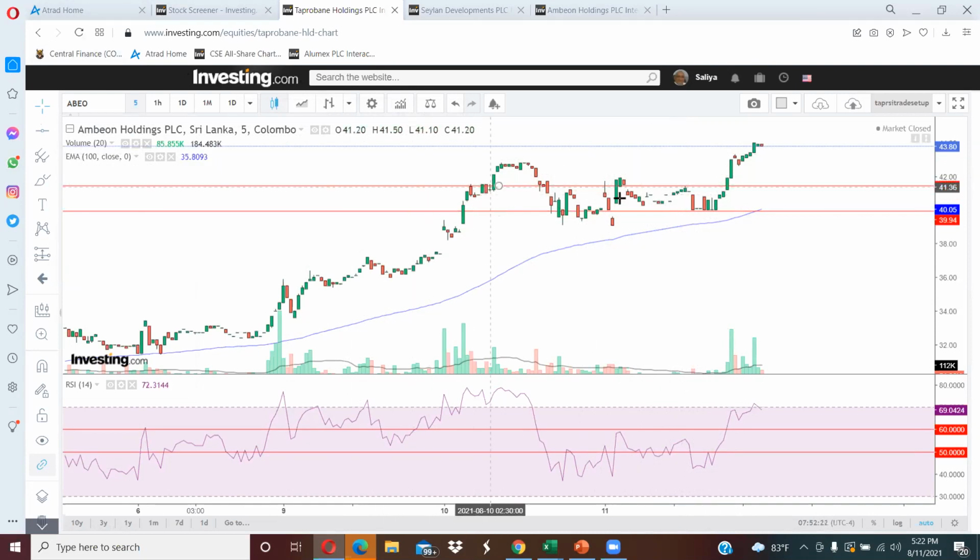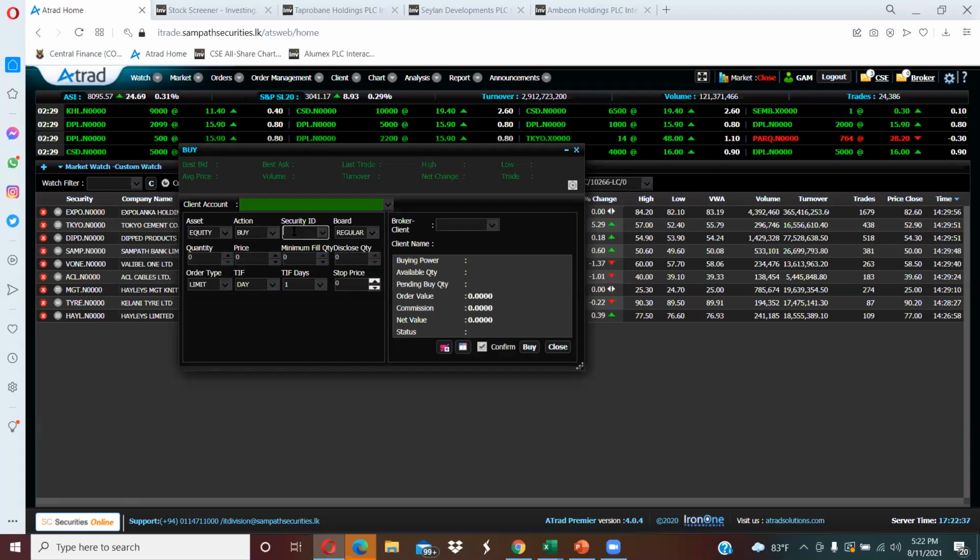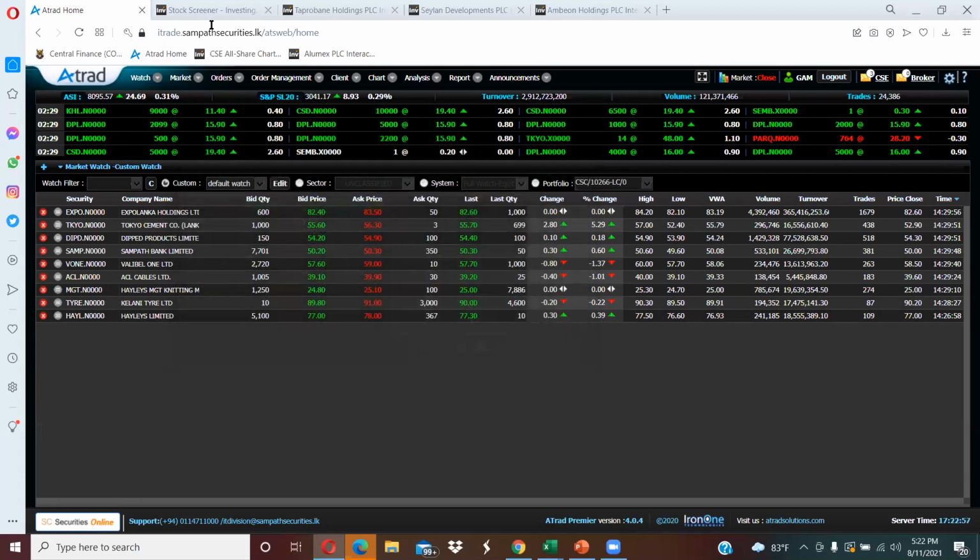Then as soon as you figure out that the move is there, or rather, there is a high low formation, at this point you go ahead and enter an order, which is a buy stop limit order. Select the stock, change the order type to stop limit, go to the stop price, say 41.40, give a premium 41.60, then enter the order.